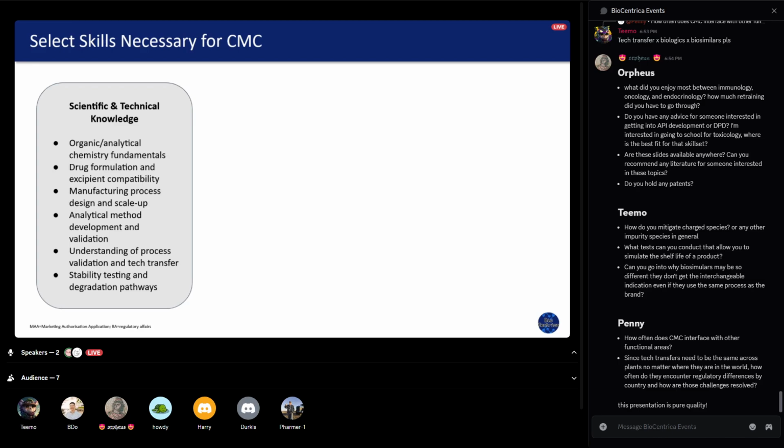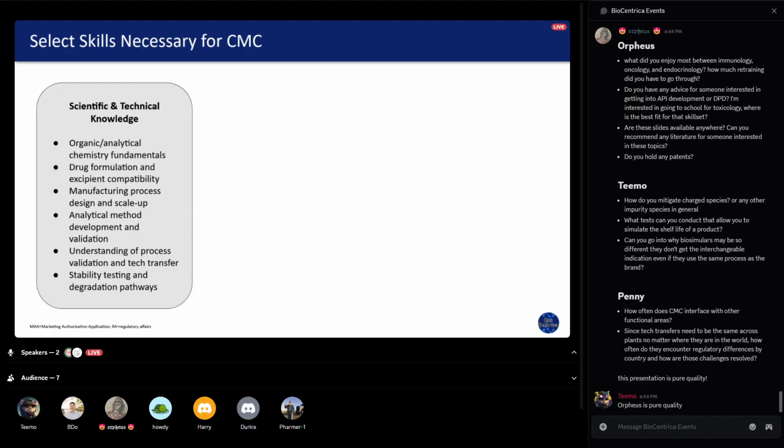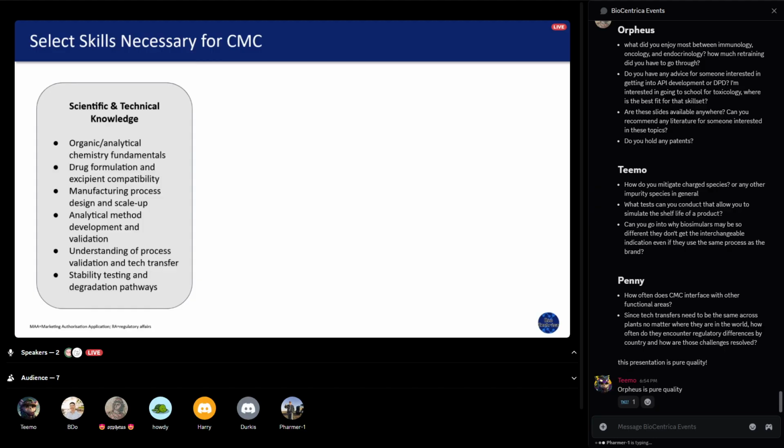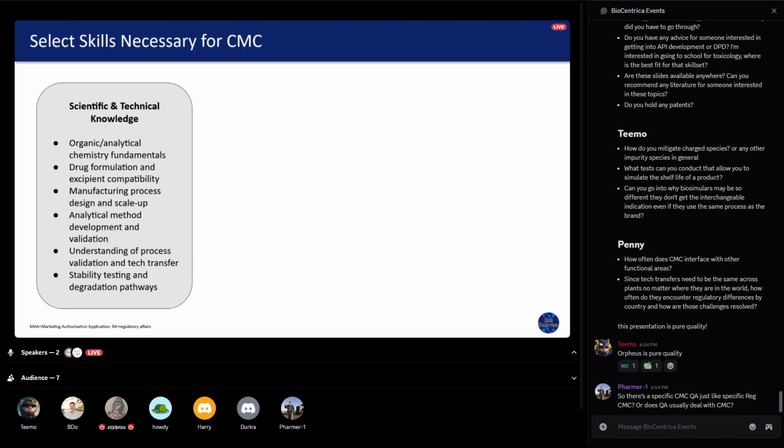All right. So select skills necessary for CMC. This is not an inclusive list, but as you could probably picture, a lot of organic and analytical chemistry fundamentals. This is so important. You need to understand how these studies are working. You need to understand what is happening to your drug. And the formulation, excipient compatibility, that's just a lot of reading papers and understanding, why would we add in sucrose, for example?